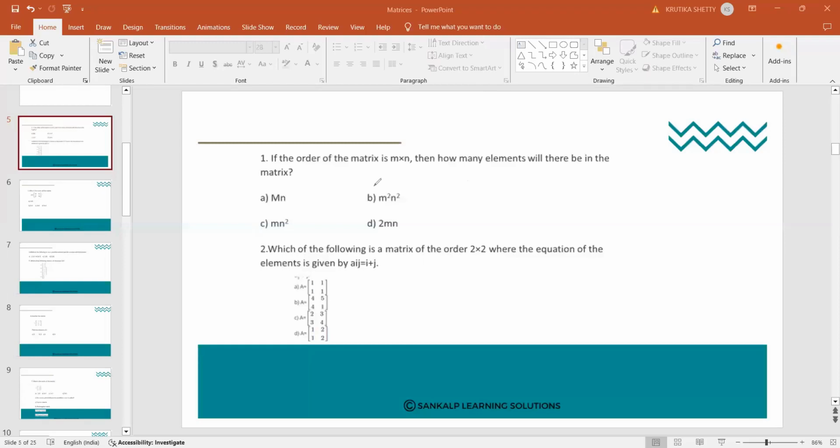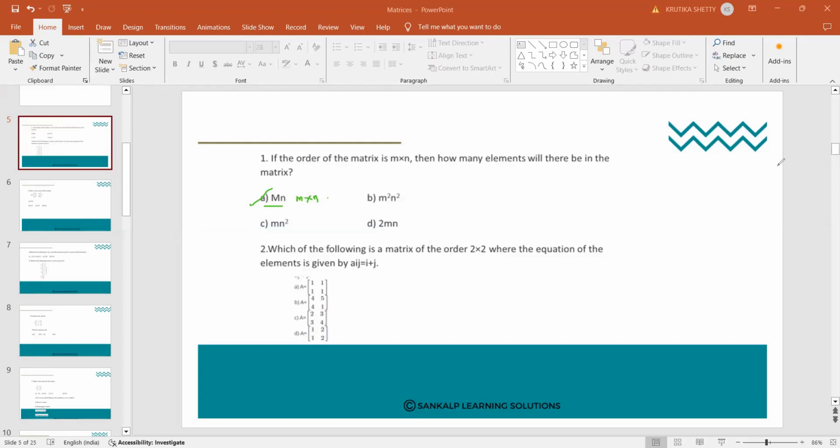If m cross n is the order, the number of elements in the matrix will be the product of that, that is m into n. So this is the first MCQ.